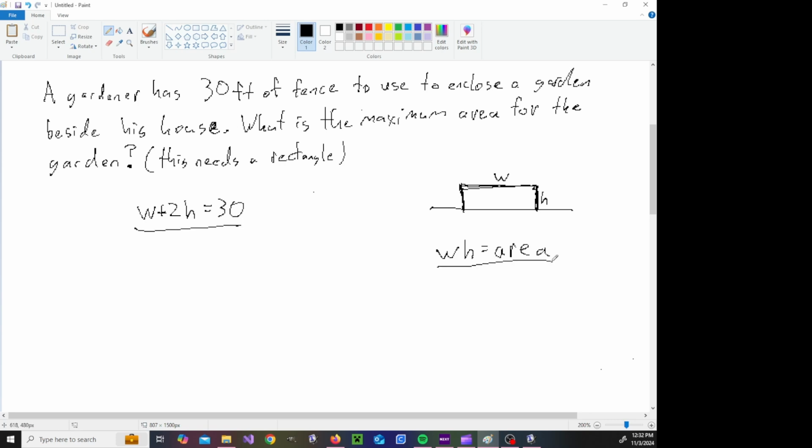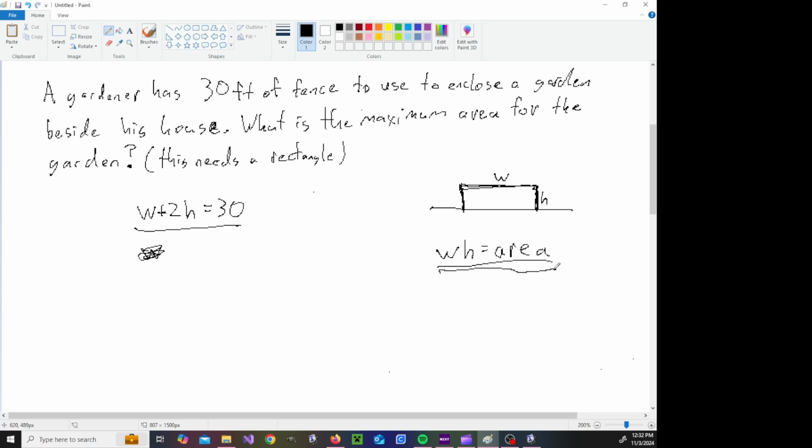So I have this constraint equation, and I have the equation that I want to maximize. So I'm going to substitute. Well, okay, let's slow down. What's stopping me from maximizing this function already? There are 2 variables going on here. If I'm trying to take some derivative and do some optimization with it, I'm not really able to do that with a function of 2 variables.